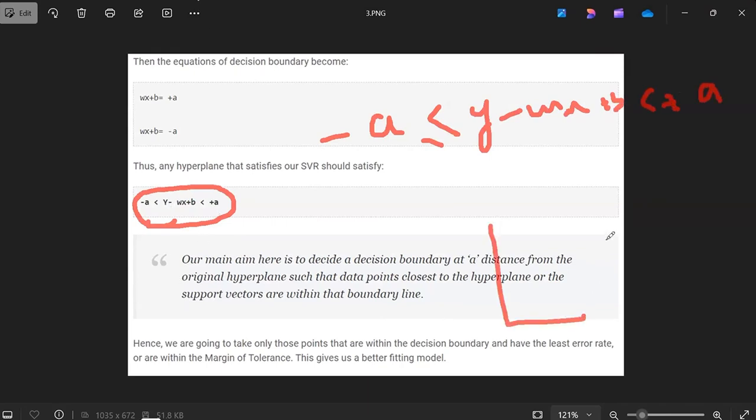That means the hyperplane falls under these two lines or not, guys? So, team, are you getting my point? So here, this would be minus A is less than Wx plus B is less than positive A.